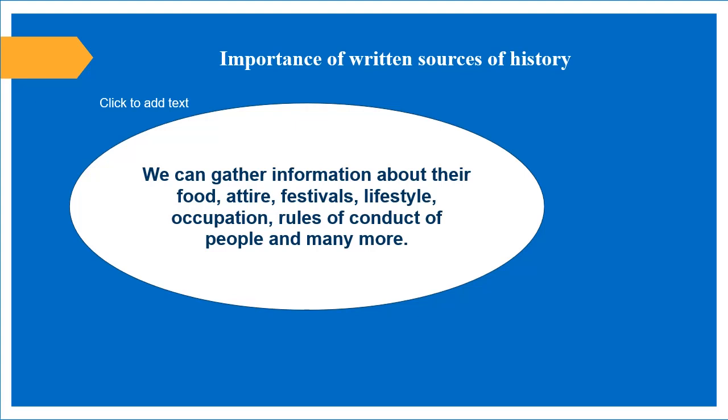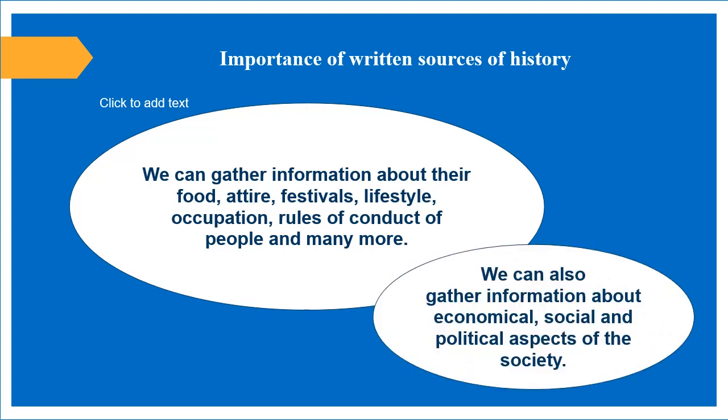So we can gather information about the food, attire, festivals, lifestyles, occupation, rules of conduct of people, and many more. We can also gather information about economical, social, and political aspects of the society. So, with the help of written sources of history, we can know about the food of the period.